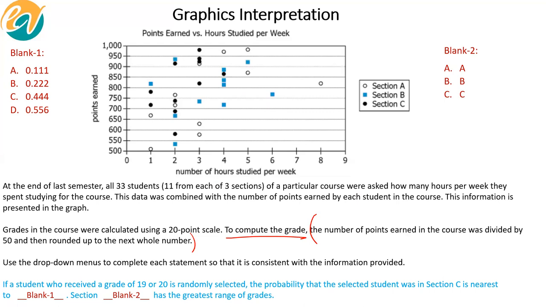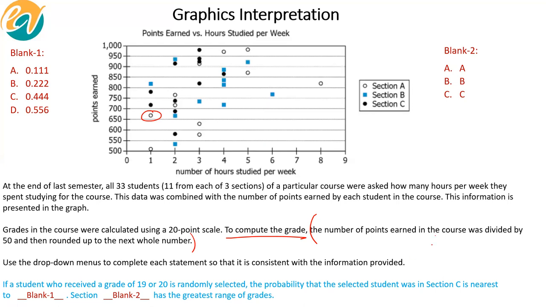Just so that we are on the same page, for this particular student, what was the grade? How many points did this student earn? Around, let's say, 670, correct?